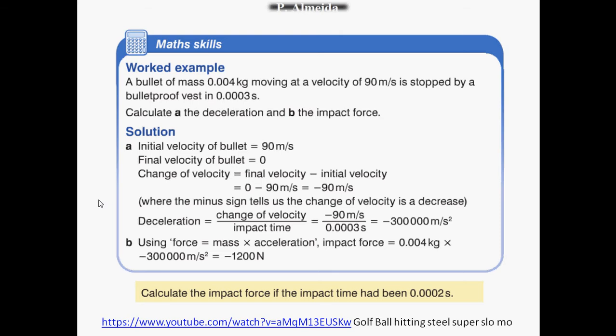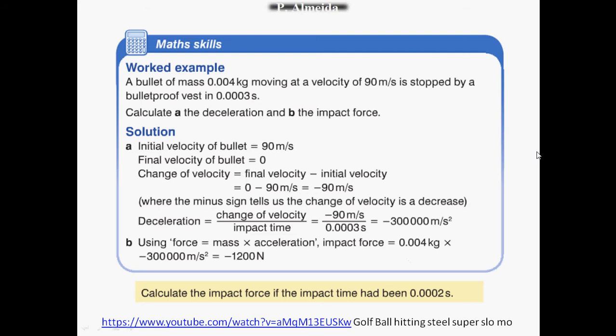My change in momentum, they don't ask, would be this force times 0.0003. This would give me the change in momentum. And when they ask to calculate the impact force if the time had been 0.0002, you will see that because it was a faster impact, the force would be bigger. The deceleration would be larger, therefore mass times acceleration would be a bigger number.